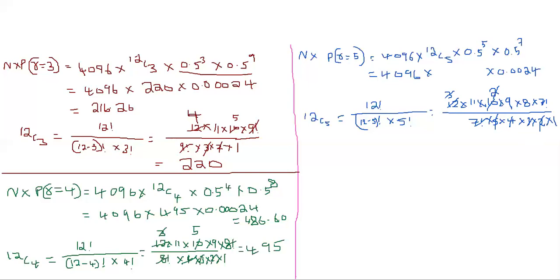You get 792. So 4096 into 792 into 0.00024 you'll get 778.56. This is P of R is equal to 5.